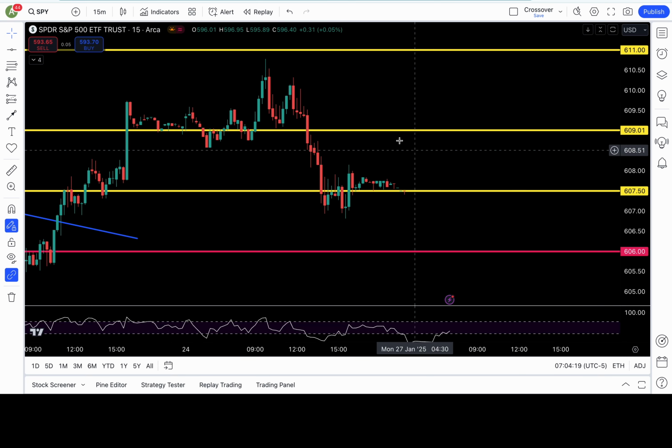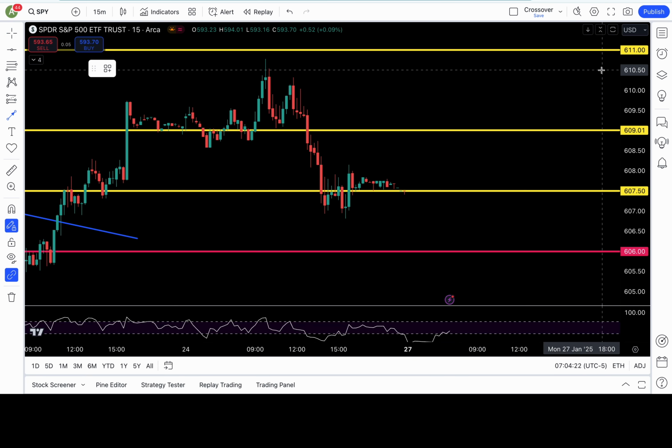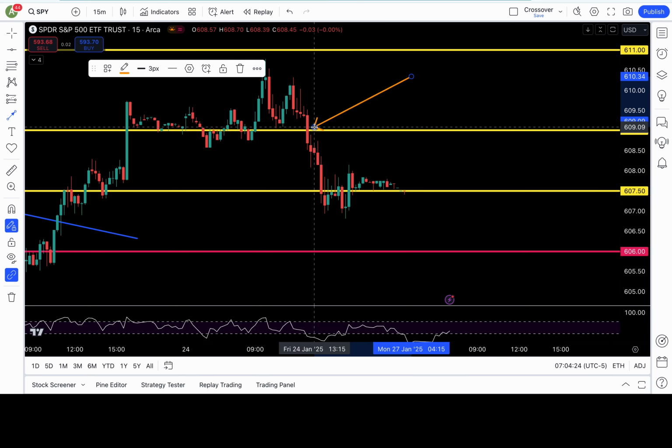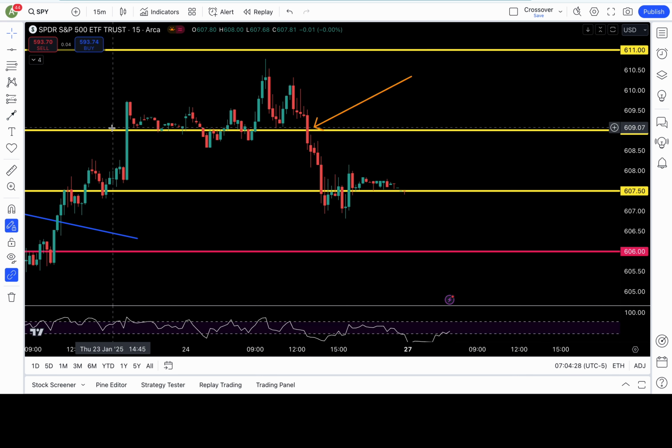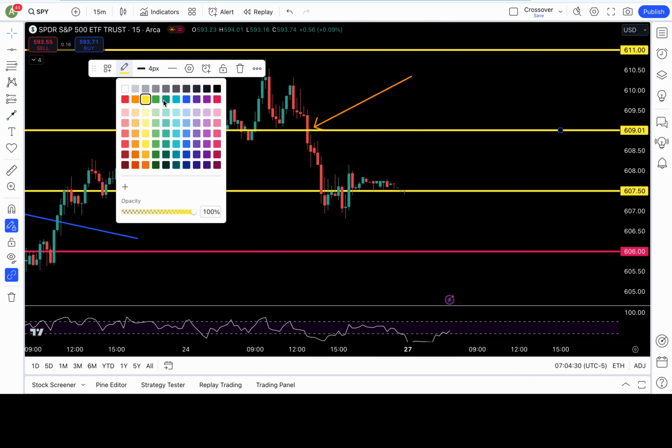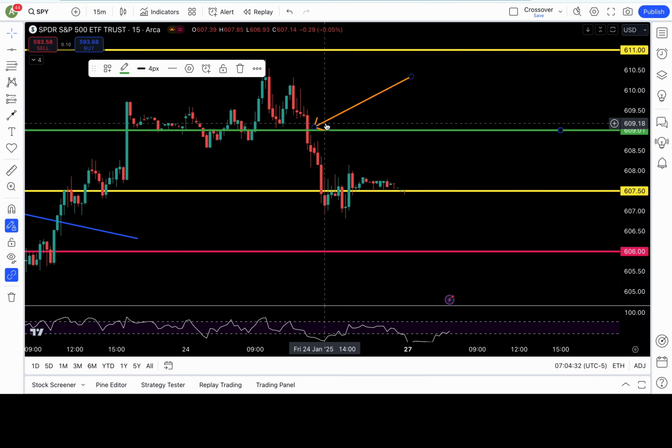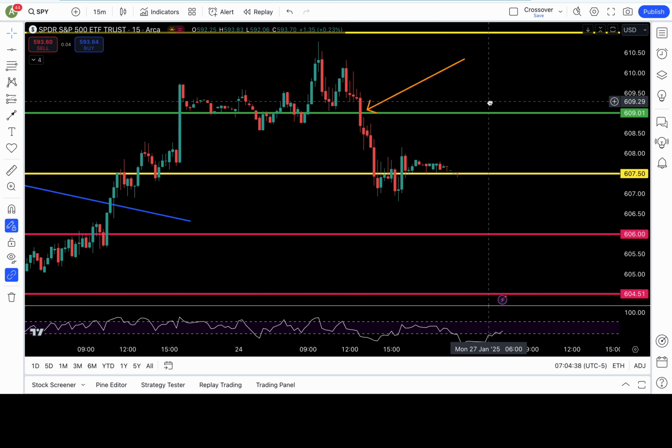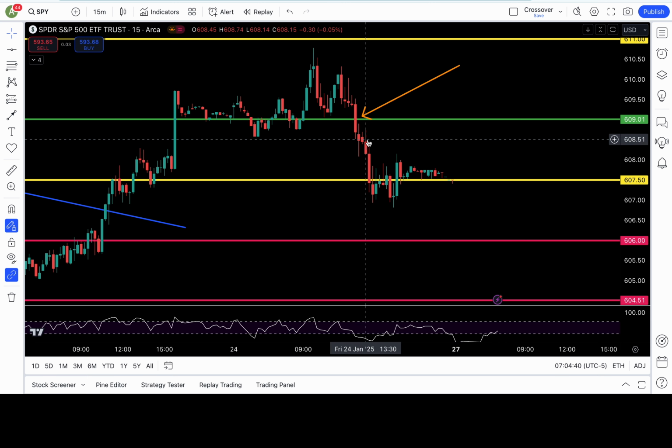False breakout setups are what? They are bearish setups, guys. Look at this right here. This yellow line, I'll change the yellow line to green. But that green line right there was my 609 level. How do we use my levels? You identify it on the daily chart. You use the 15-minute chart or 30-minute chart to trade it.